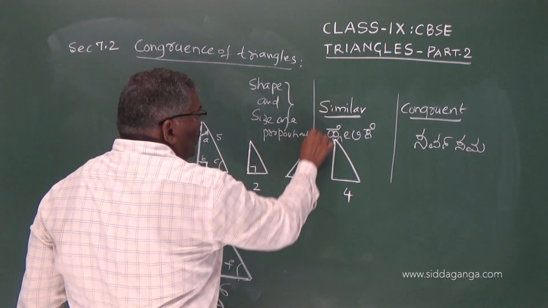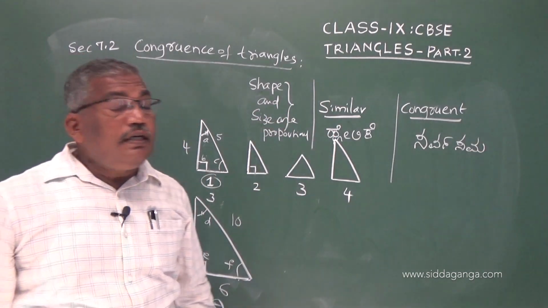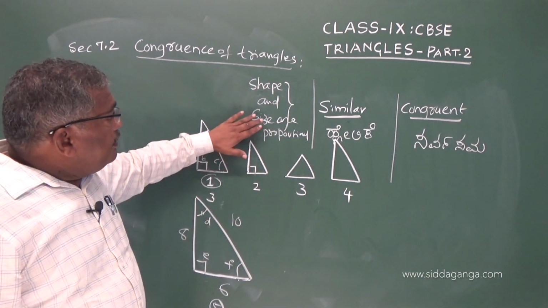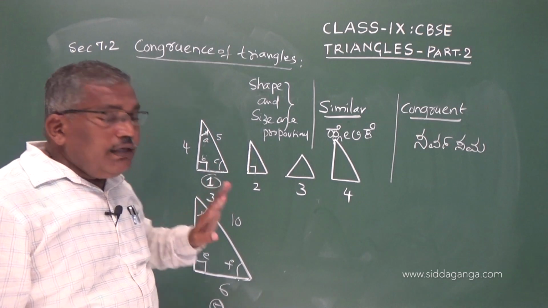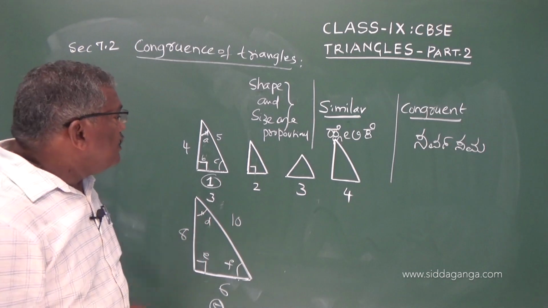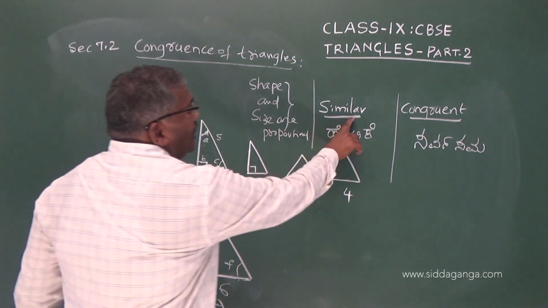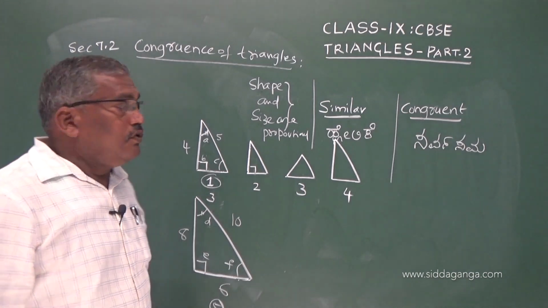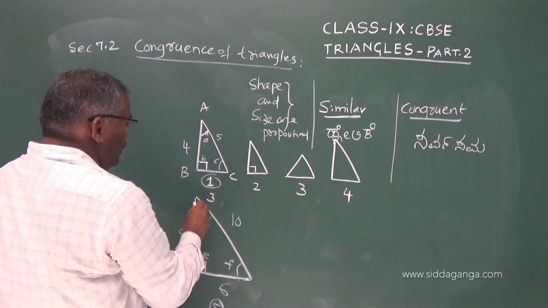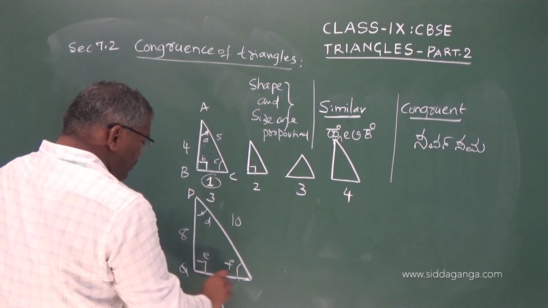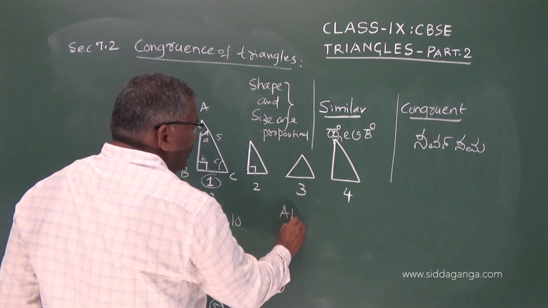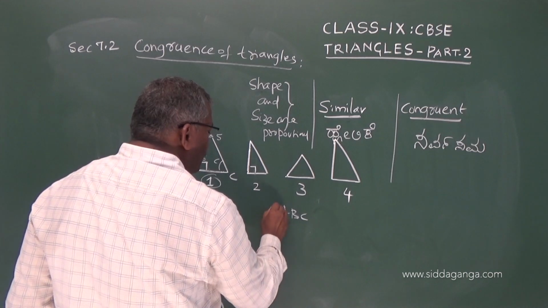If such a condition exists, what condition? If the shape is the same and the sides are proportional, then we say these two triangles are similar triangles. I write this as ABC and this as PQR.